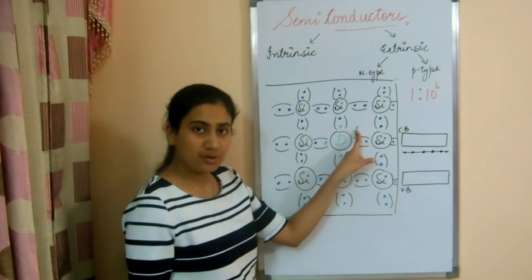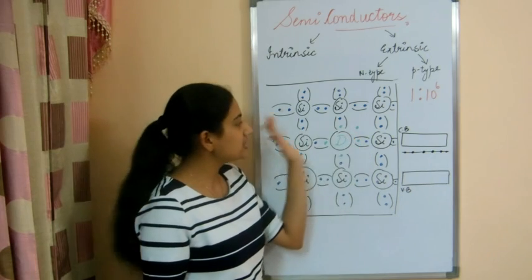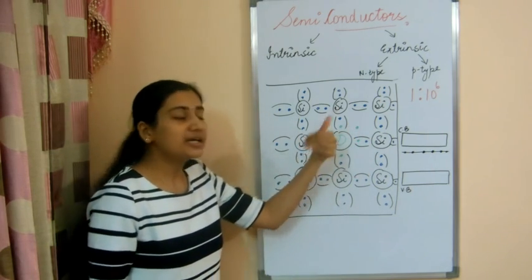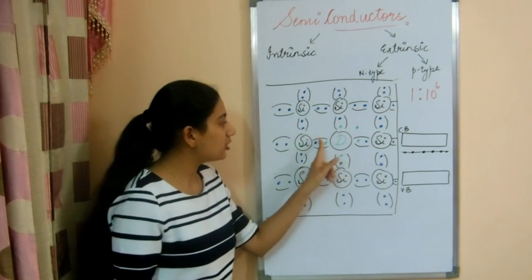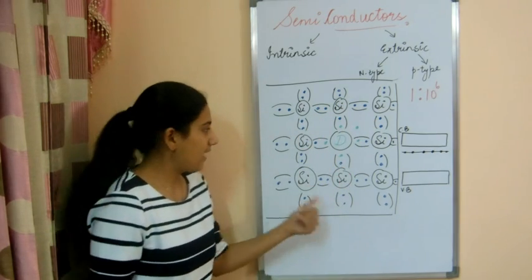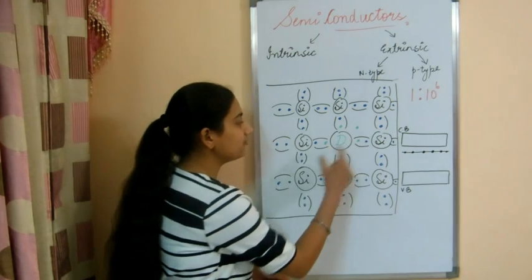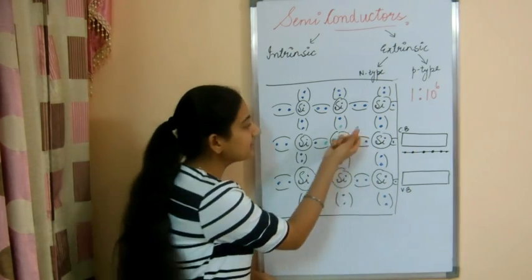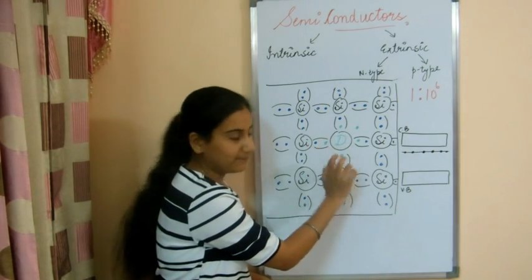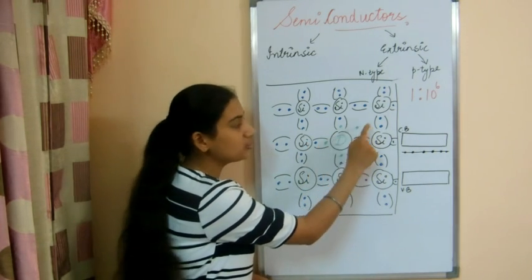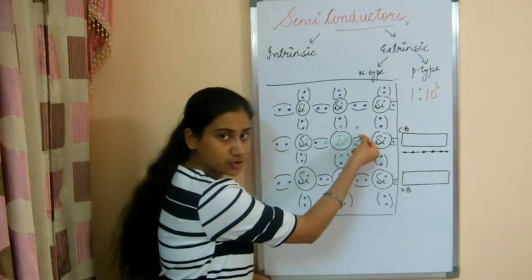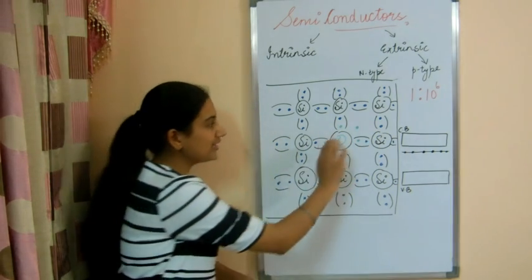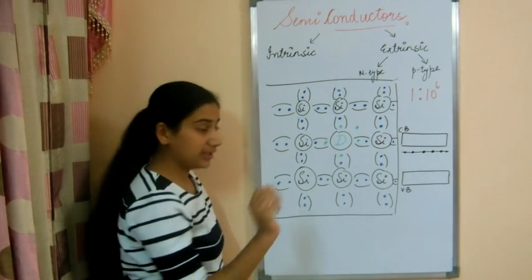But this electron which is free, which is not in any of the bond, it has energy greater than these electrons which are included in bond. Why? Because this electron is free but it is bound to its nucleus only. This electron has only the attractive power of its nucleus. So it has that much of energy in it.